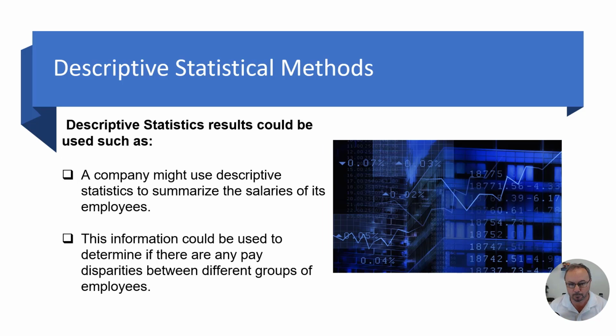When it comes to results, as an example, the company may use these descriptive statistics to summarize salaries of its employees. Now, this information they may want to use to determine if there is pay disparity. So if we have males and females, again, this is a common thing that you hear about, the pay discrepancy, the difference in pay, right?